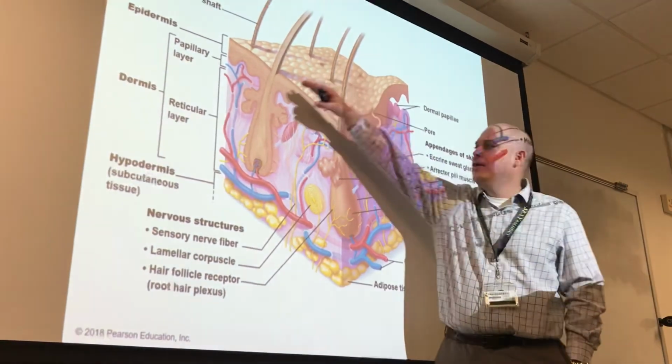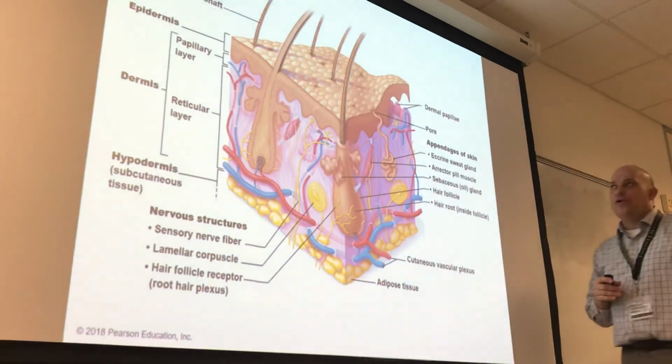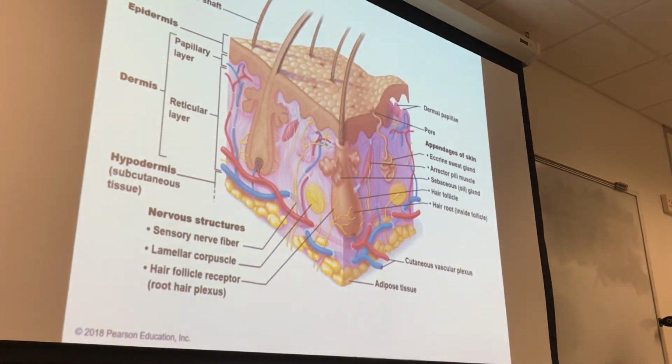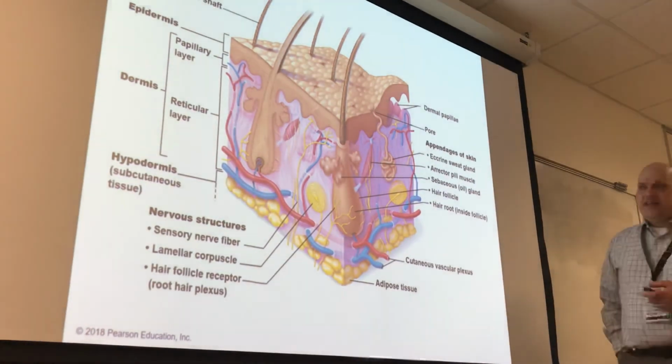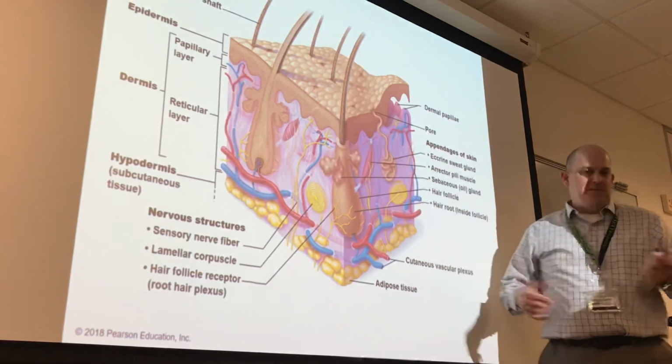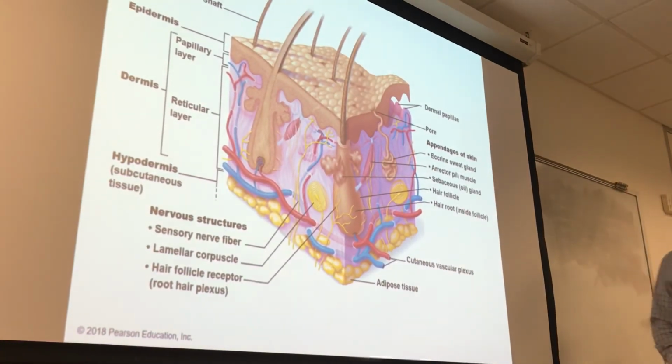And since our hair is located all over our body, the skin gets nourished as well with this oil, which again nourishes the skin, prevents it from cracking and breaking and becoming ashy and dry. It's a protective mechanism. And on top of that, it helps to kill bacteria. It's a win-win-win.